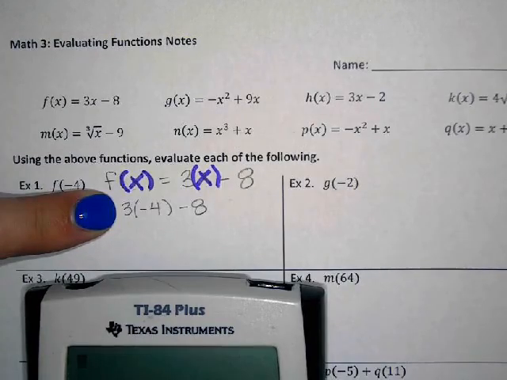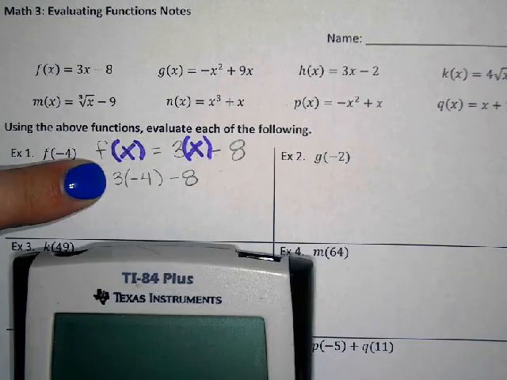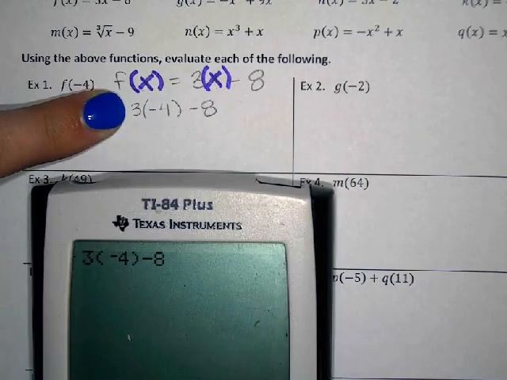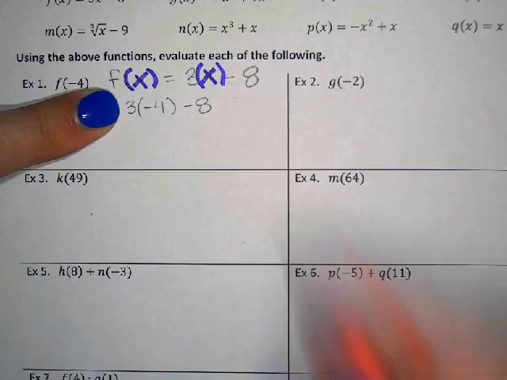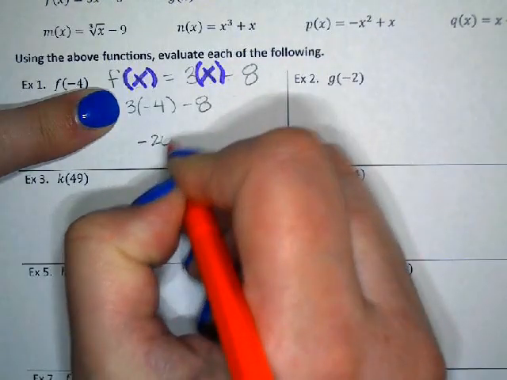So I'm going to do 3 parenthesis -4 parenthesis minus 8. And everybody should be typing that in. What do we get? -20. Perfect. So my answer is -20. Did we all get that answer?